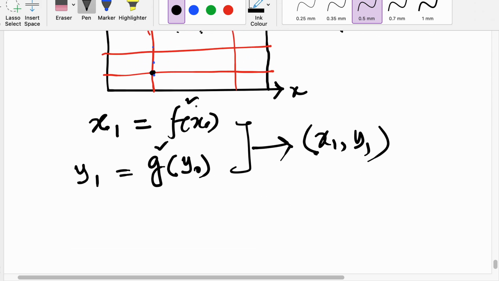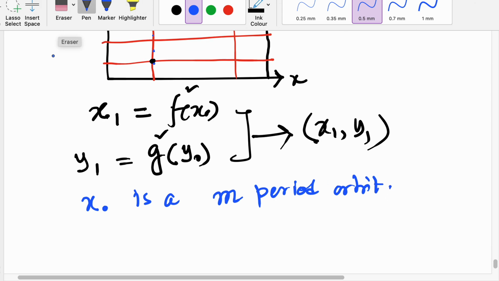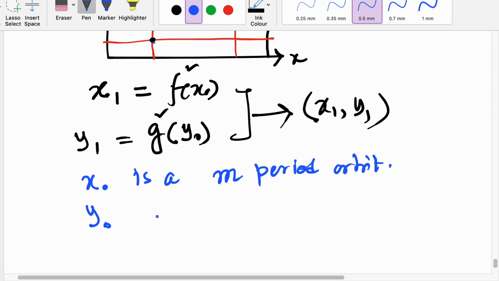Now suppose x0 is an m period orbit, and y0 is an n period orbit.